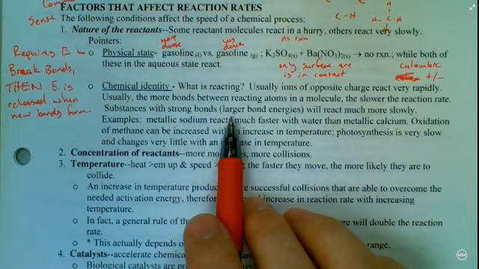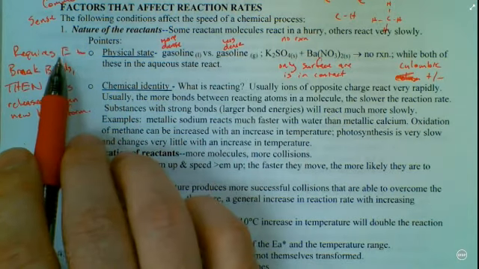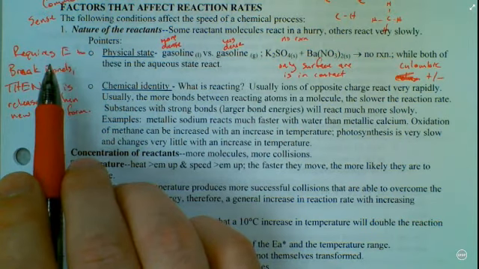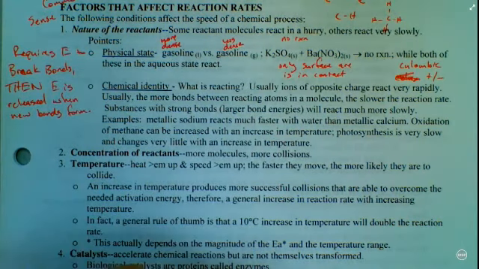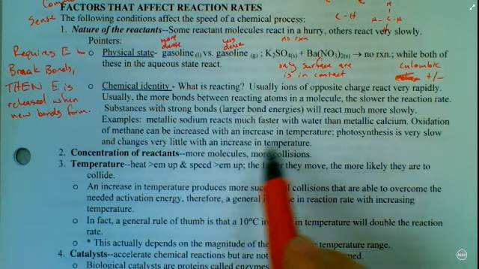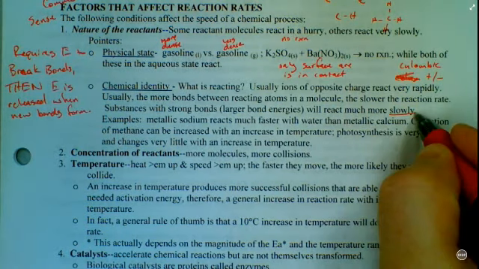If a certain bond has a large bond energy, that's going to require more energy. And so the collisions that result in that much energy are a little bit more rare. Okay, it happens. A few more things have to align just right, and so it's a little bit more rare for that to happen. So that reaction is going to take a lot more time. It's going to react more slowly.